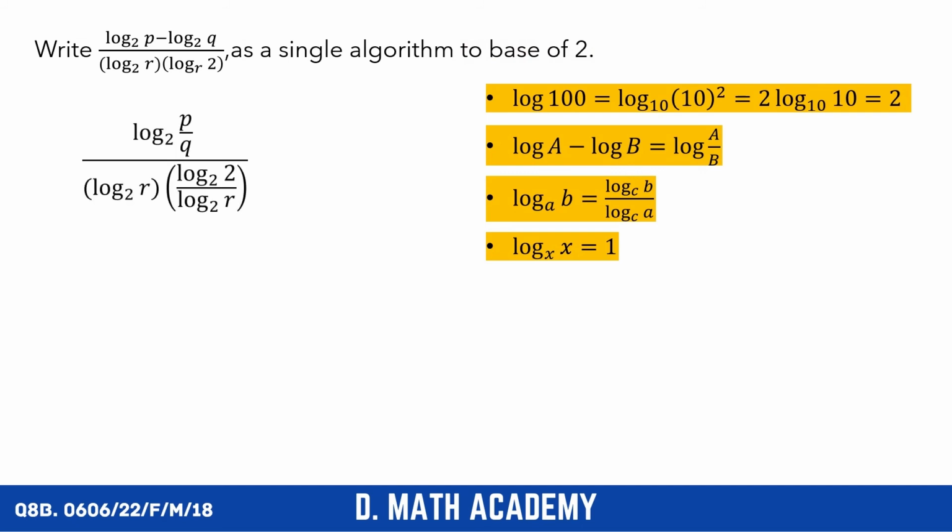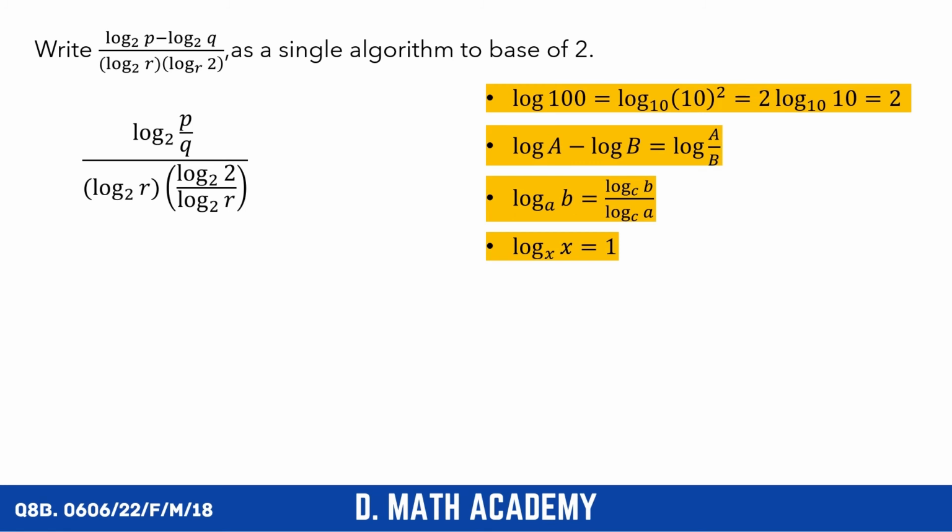So now log 2 p divided by q. So that's all for our numerator part. And for our denominator, I changed the base of r into 2 now. Then I will get log with a base of 2 with a result of 2 divided by log with a base of 2 and r as the results.